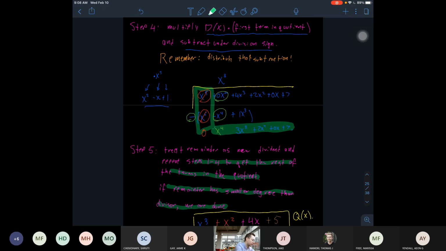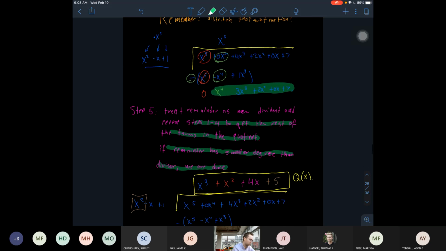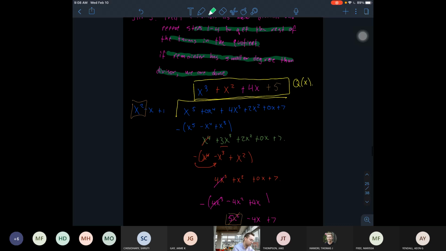And then we'll be left with a polynomial of degree 1 less, or possibly even less than 1 less. It could be like 3 less if the terms work out really nicely. But we'll wind up with a polynomial of lower degree. And then we will just continue the process. We'll repeat steps 1 through 4 on that new polynomial.